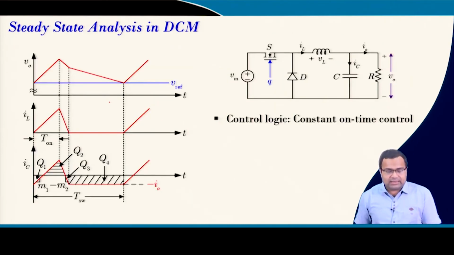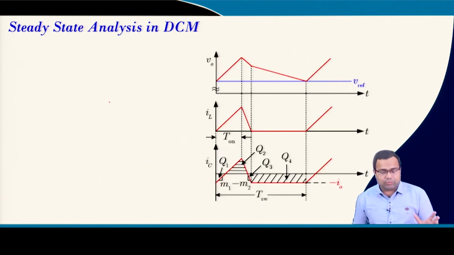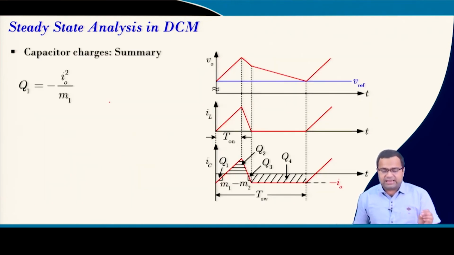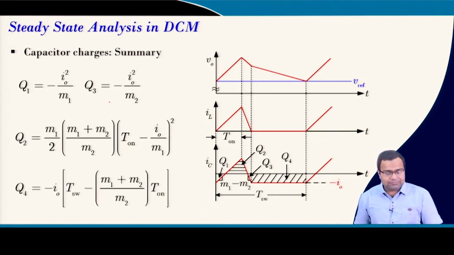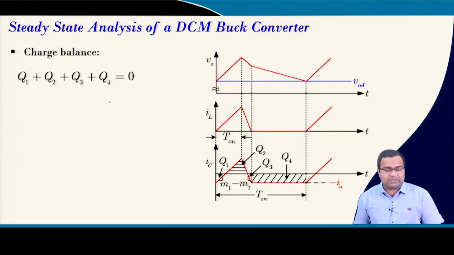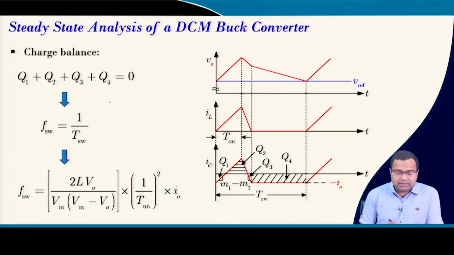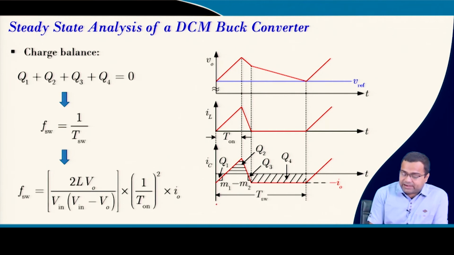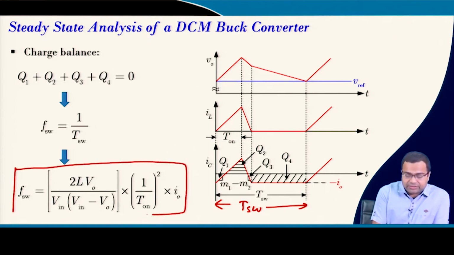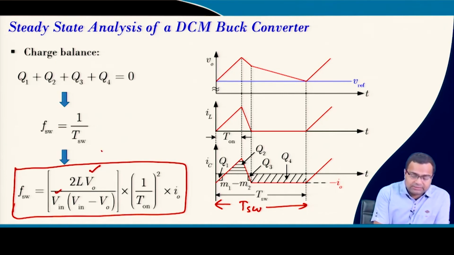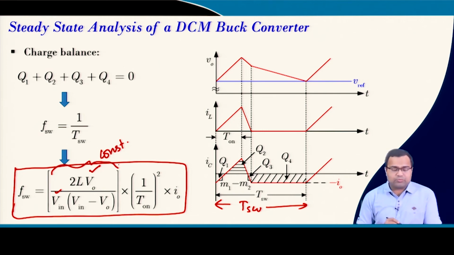And if you do DC steady state analysis in discontinuous conduction mode, and keep on deriving using the capacitor charge balance, with the different charges shown here, it can be shown that the effective switching frequency under constant on time control is given by this derivation. For a given input voltage and output voltage, this quantity is constant, if we do not change input and output voltage.